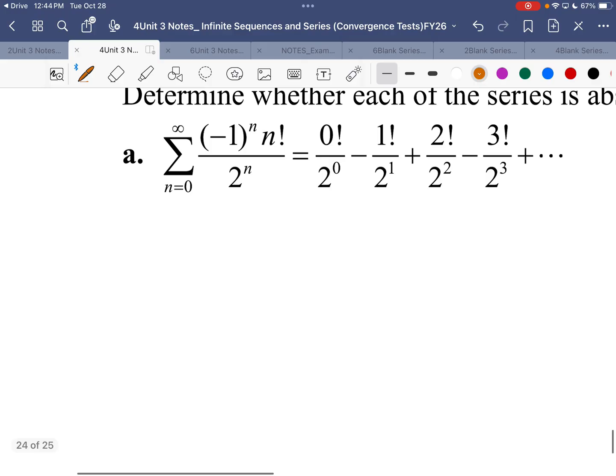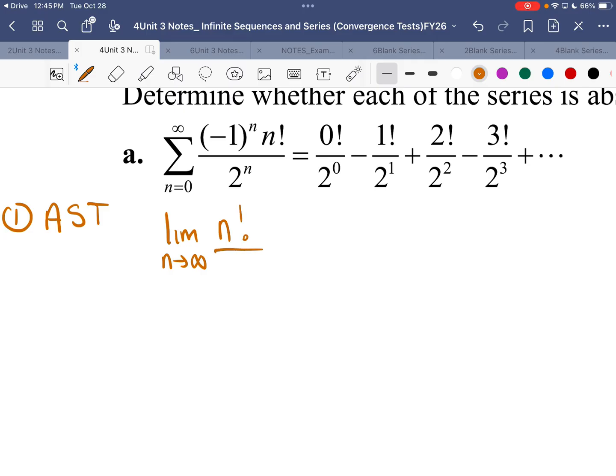First thing you want to do is make sure that it is at least converging by the alternating series test. So check to make sure that's converging by the alternating series test. The limit as n goes to infinity of n factorial over 2 to the n.